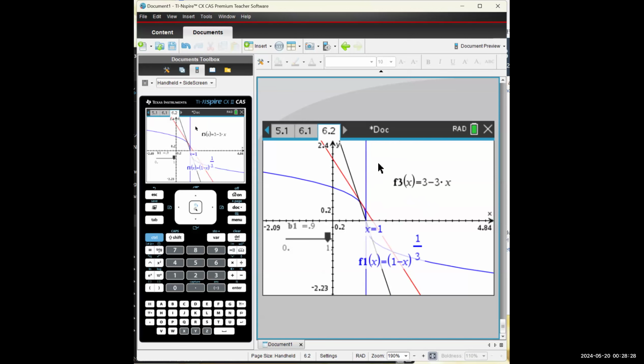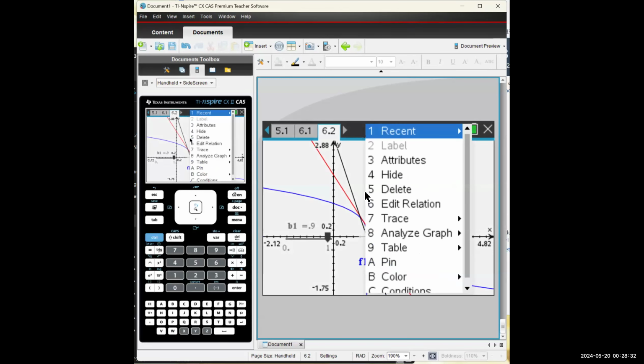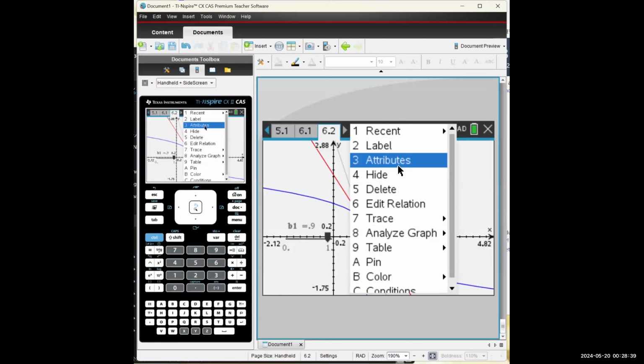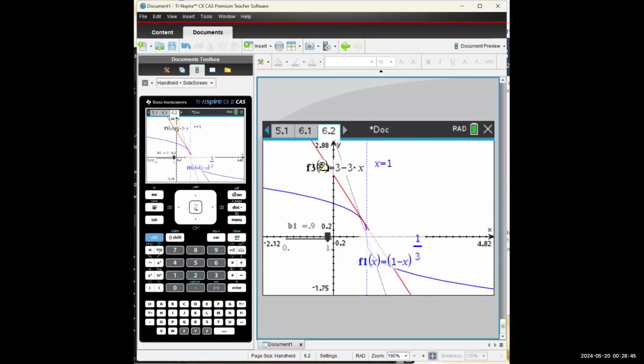So we're trying to figure out, let's highlight these 2 lines. What you're trying to find is the angle between that and that, 3 minus 3x and the vertical line x equals 1.